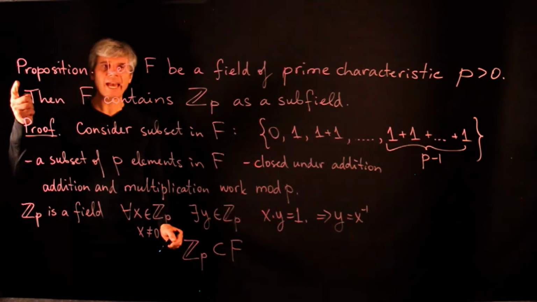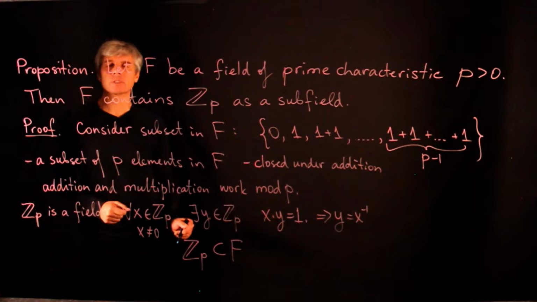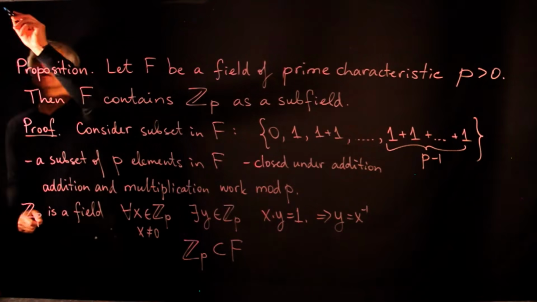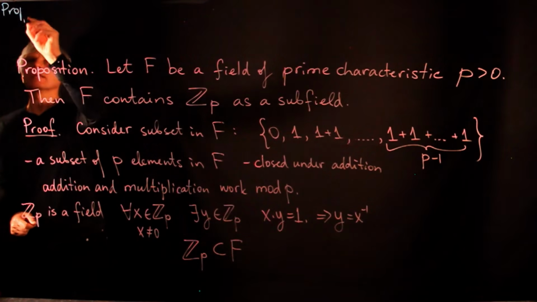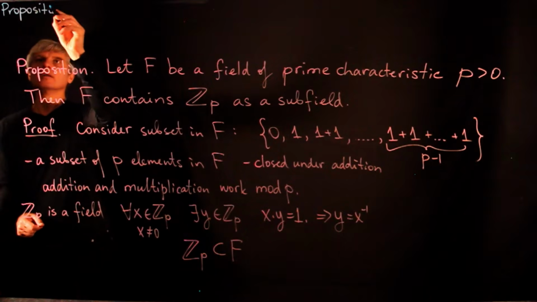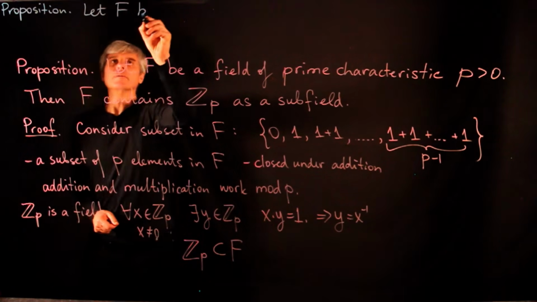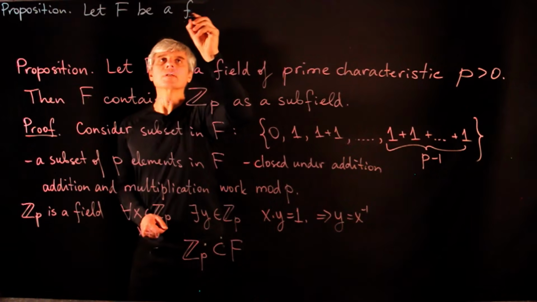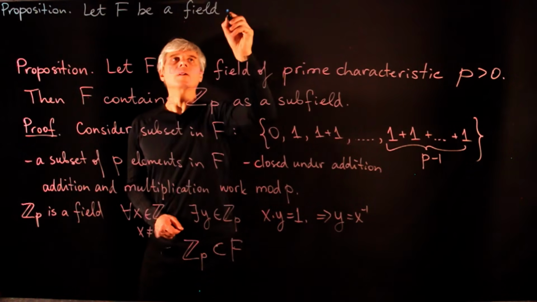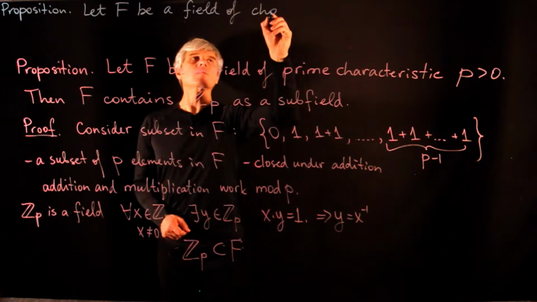Now, what would be the analog of this proposition for fields of characteristic 0? So here, let's state a proposition. Let F be a field of characteristic 0.